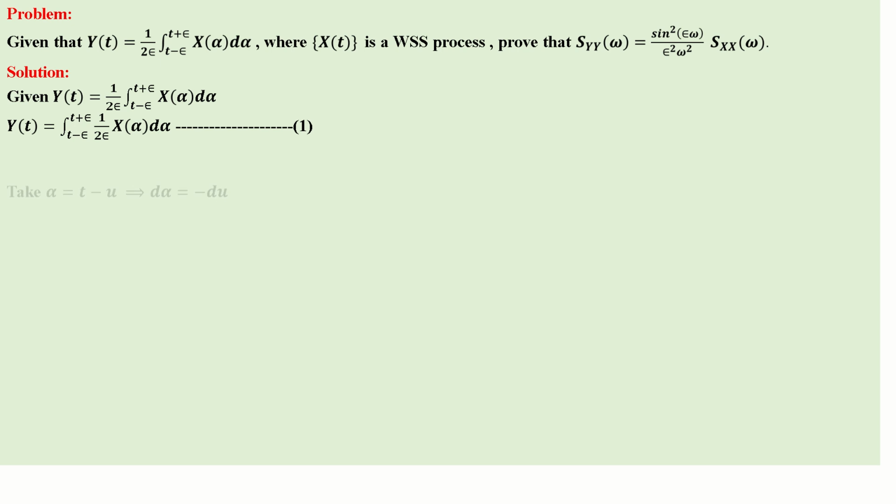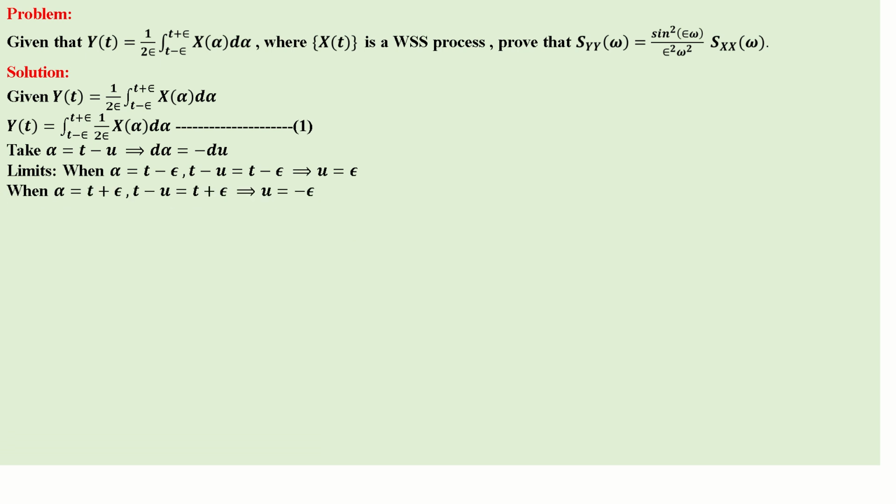Take α = t − u, so dα = −du. Limits: when α = t − ε, t − u = t − ε, this implies u = ε. When α = t + ε, t − u = t + ε, this implies u = −ε. So equation 1 implies y(t) = ∫ from ε to −ε of (1/2ε) x(t−u)(−du).